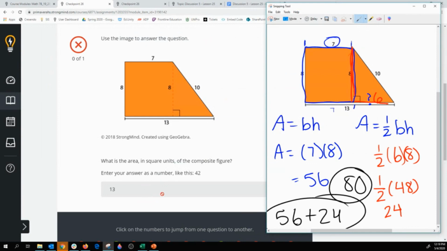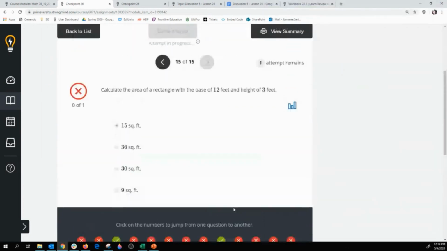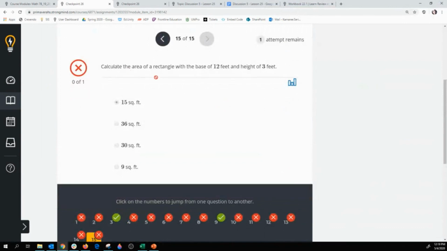All right. And then very last question. So we want to calculate the area of a rectangle with a base of 12 feet and a height of 3 feet. So when we're calculating area of a rectangle, we want to do base times height. And I know what both of those numbers are here.